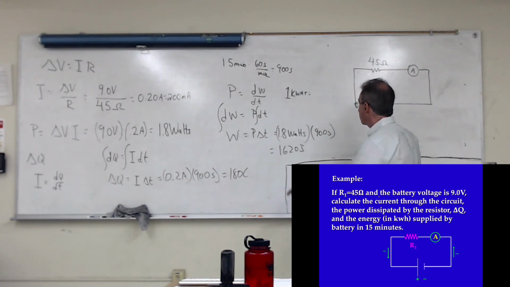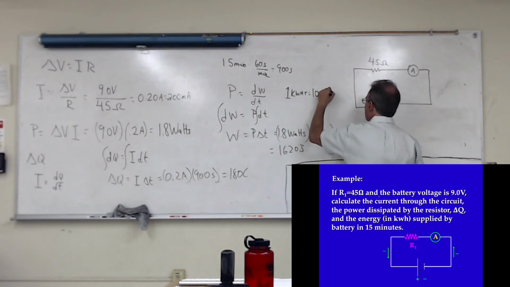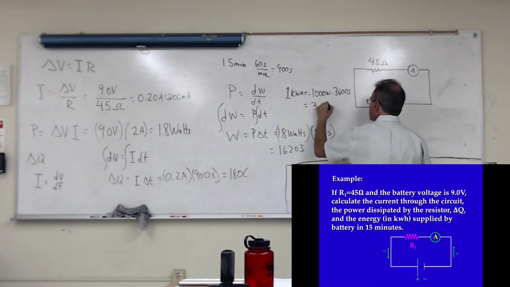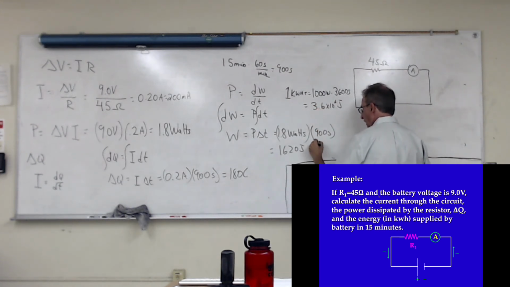So 1 kilowatt hour is 1,000 watts times the number of seconds in an hour. So it's 3.6 times 10 to the 6 joules. So I've got to divide this by 3.6 times 10 to the 6 joules per kilowatt hour.